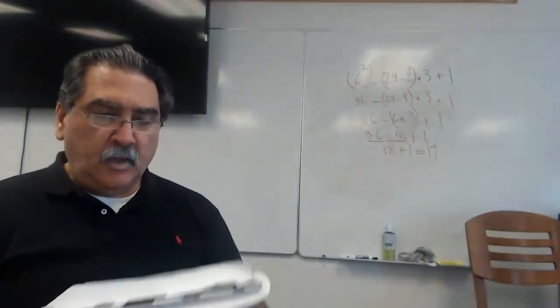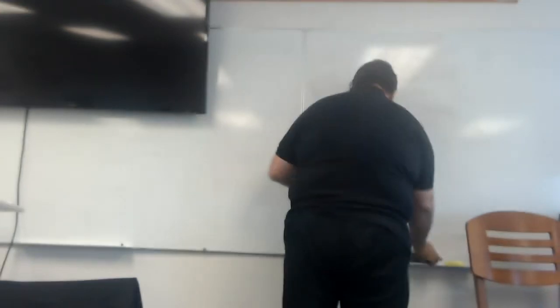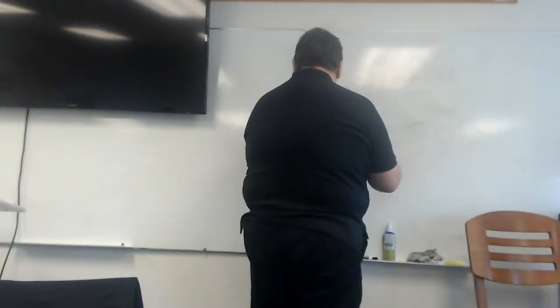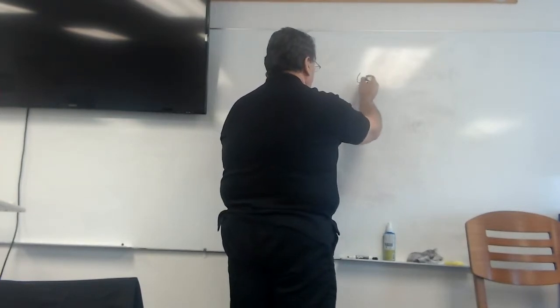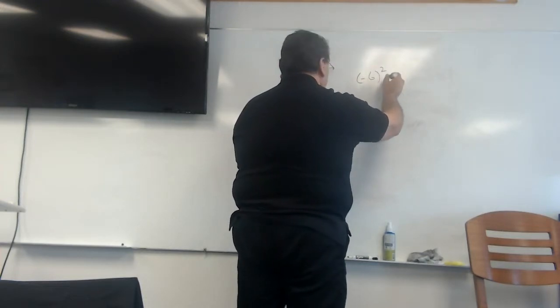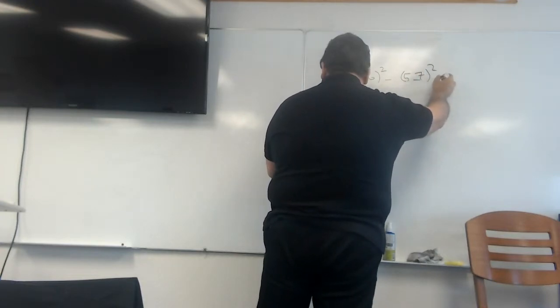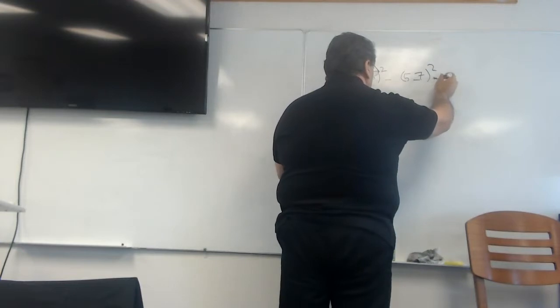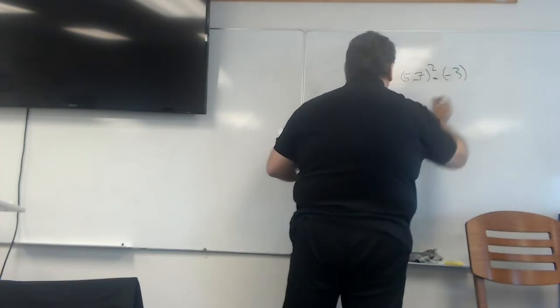Okay, let's also look at example number 8 on page 247. You have minus 6 to the power of 2 minus 5 minus 7 to the power of 2 times minus 3. When you have two parentheses with nothing between them, it means times.